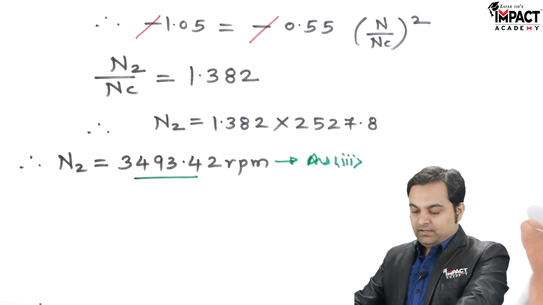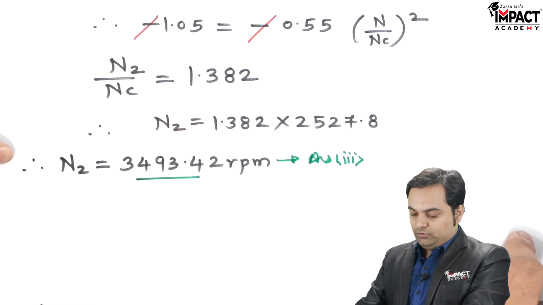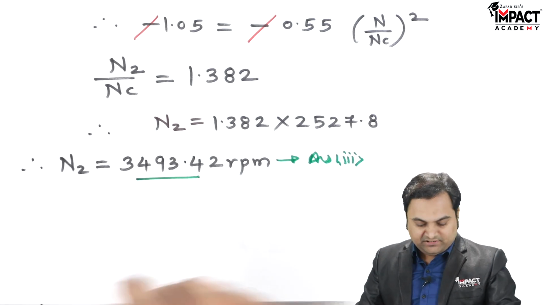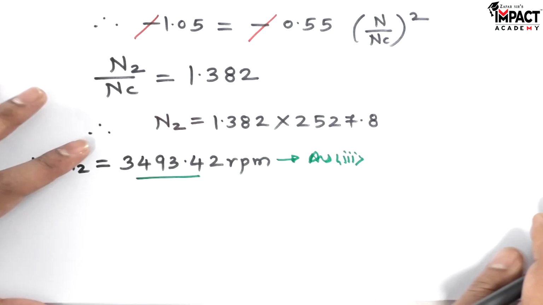Then whatever speeds we are getting, I'll explain on a diagram. That is the final answer. I'm going to represent it with the help of a diagram.